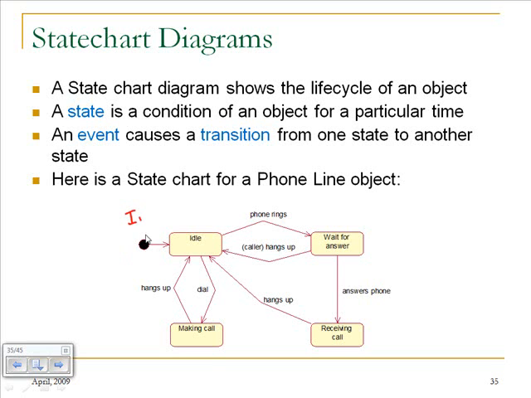So this one shows initialization. When you initialize your system, it goes into the idle state. Then from there, it can transition to different states based on what's happening. Again, we've done this with systems models and how to represent the state transition diagrams.